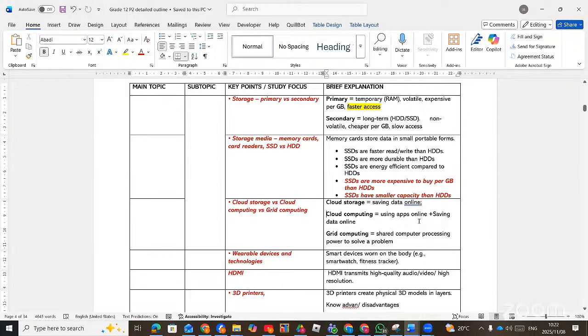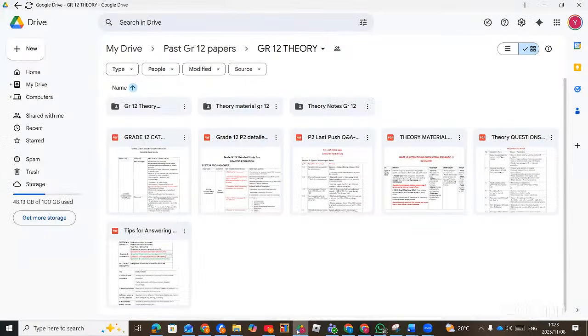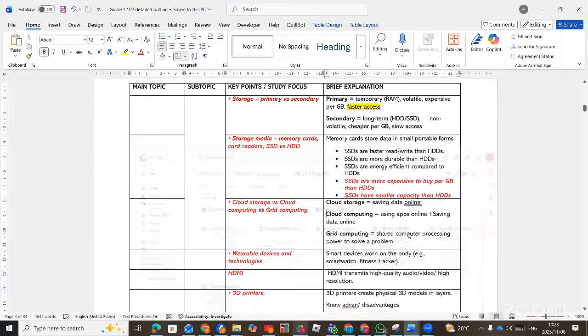For instance, using Microsoft Office 365 online, using Gmail online, or using apps like Facebook online, using the browser, it's cloud computing. But cloud computing also involves Google Drive, saving of files. Like right now I'm doing cloud computing by saving the documents there. That's part of cloud computing.